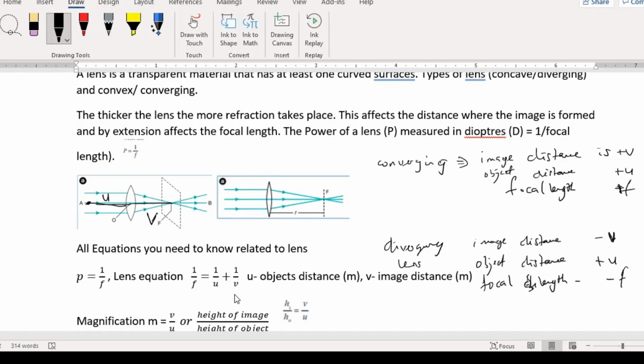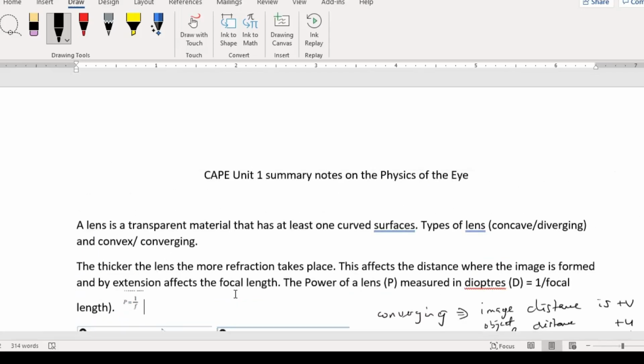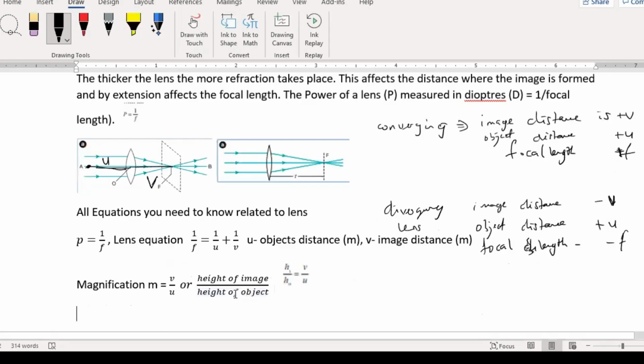So M, which speaks to magnification, doesn't have a unit. We can take our image distance, divide that by our object's distance, and that will give us the magnification. Another formula that we could use for magnification can be the image height divided by the object's height.